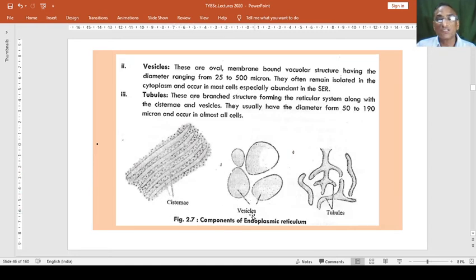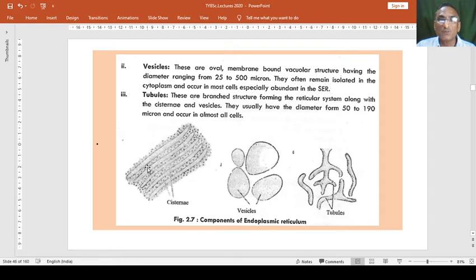Now second we will see vesicles. Vesicles are oval, membrane bound vacuolar structures having a diameter ranging from 25 to 500 micron, and they often remain isolated in the cytoplasm and occur in most cells, especially abundant in smooth endoplasmic reticulum, SER.